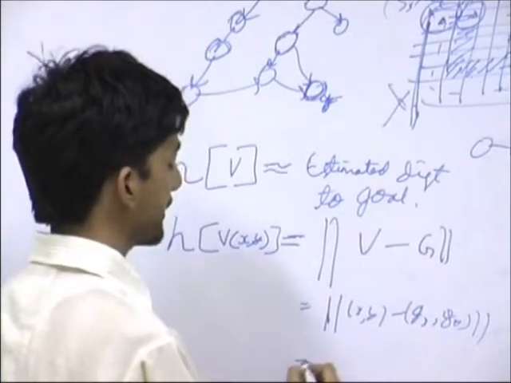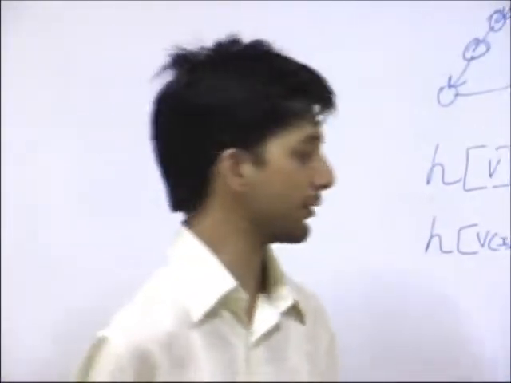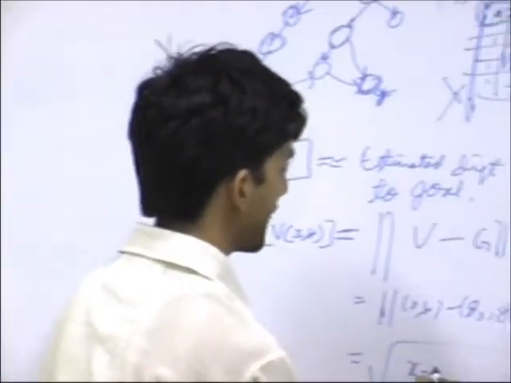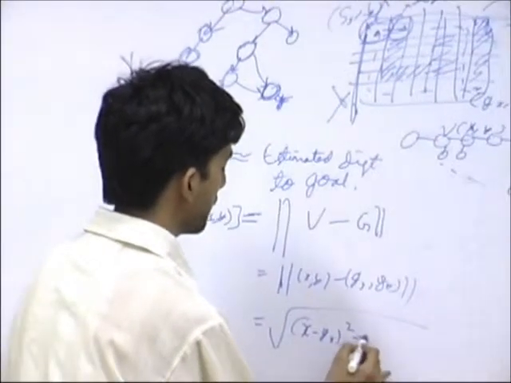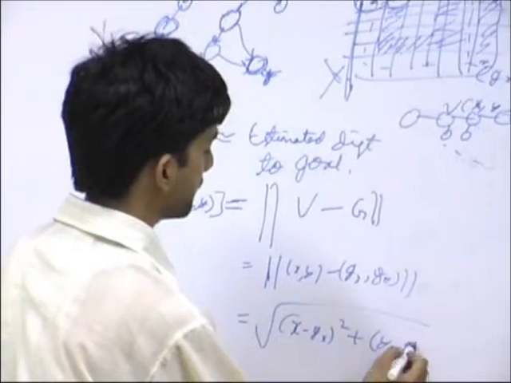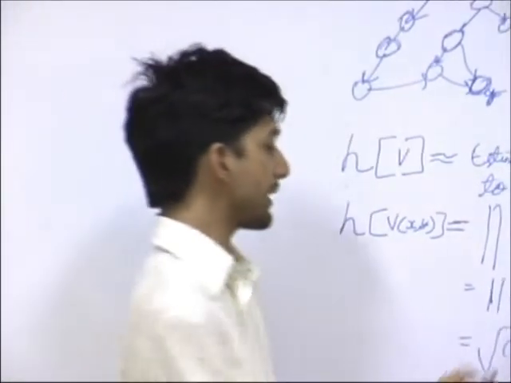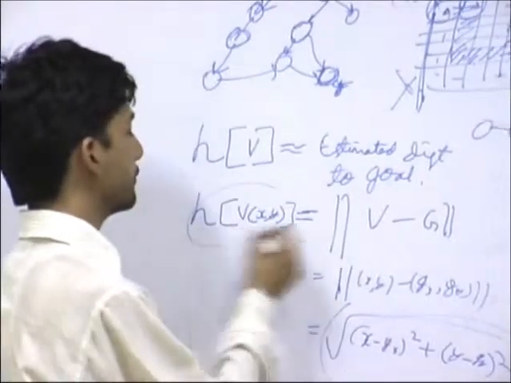For most of the cases, we'll either take a Manhattan norm or we'll take a Euclidean norm. Let me take up the physical distances, the Euclidean norm. So we basically assign some kind of heuristics to this.